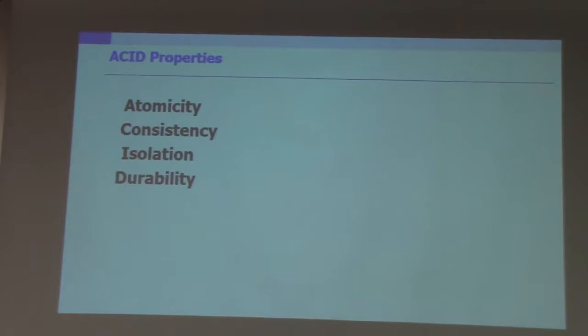and if your system has crashed after that, all the changes made by that transaction should be persistent in your database. You may wonder, isn't this automatically true? When a transaction has committed, all the changes made by that transaction will be permanently reflected in your database. Well, this is not true by default. I showed you a simple argument, I believe, either last lecture or the lecture before.